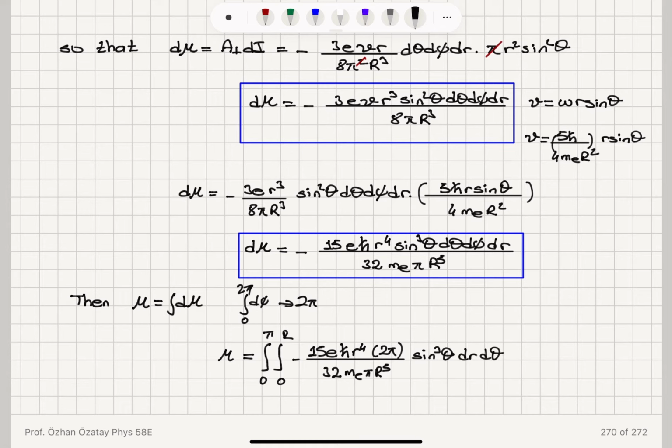As a simplification here, the 2 pi will get rid of this pi, and this 32 will become 16.